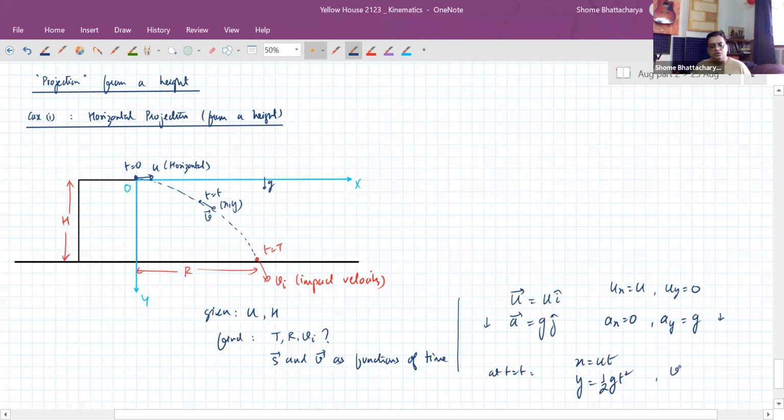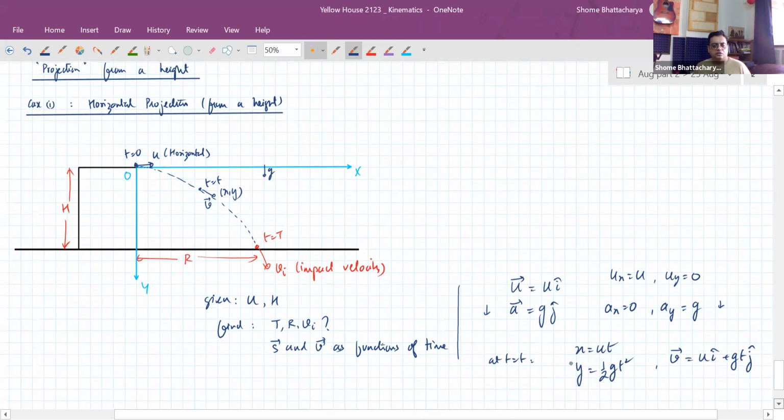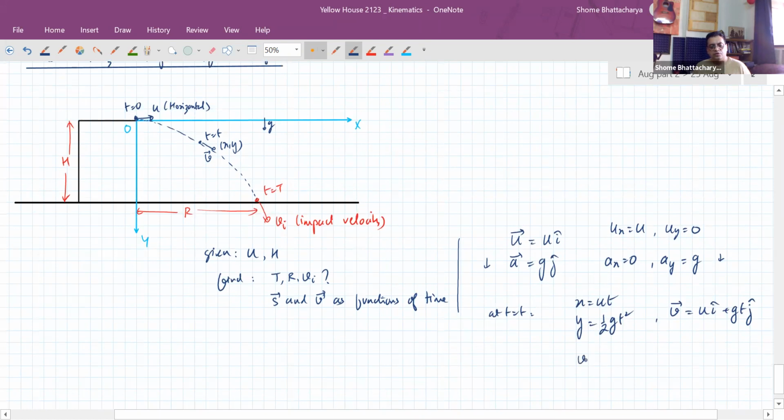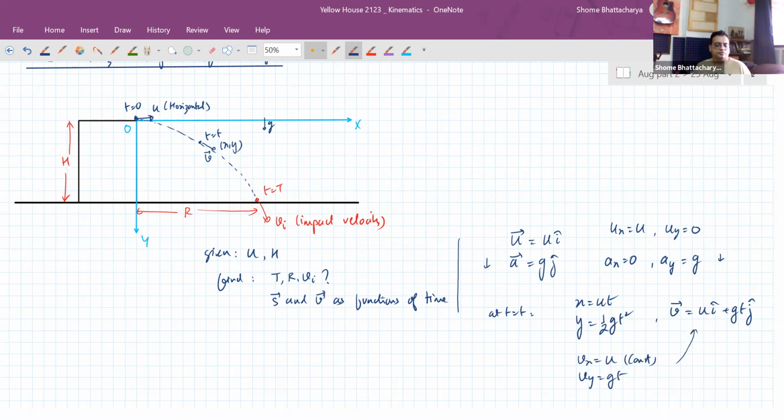And the velocity would have become u i cap plus gt j cap, because the horizontal component of velocity will remain constant, whereas the vertical component will be gt. Okay, so this is the position and velocity at instant t.